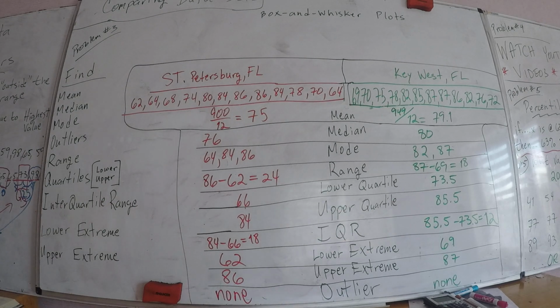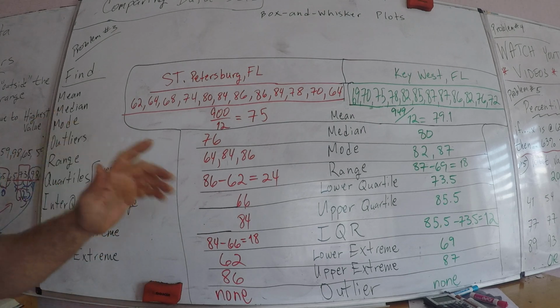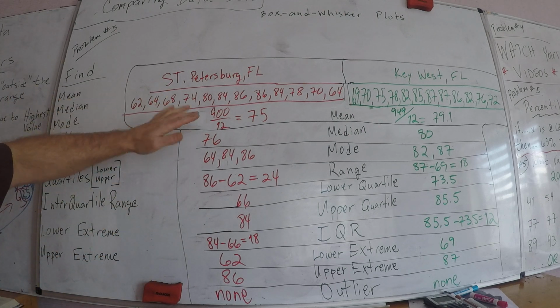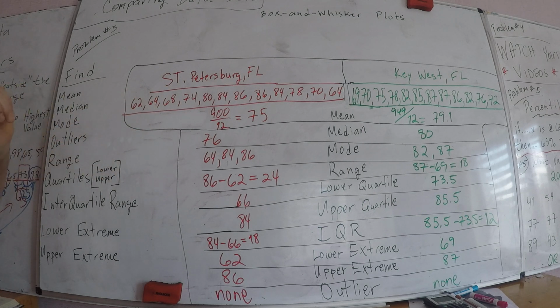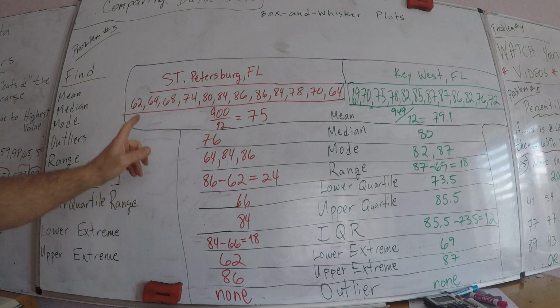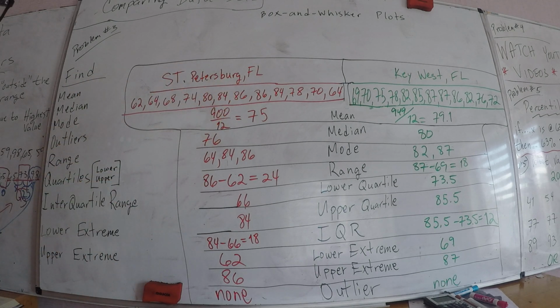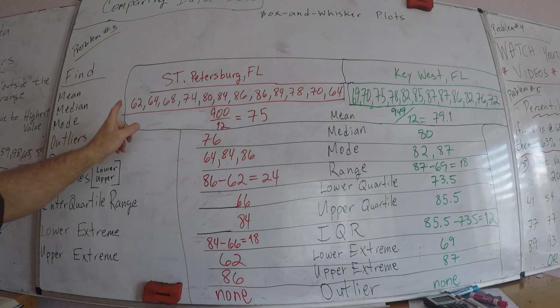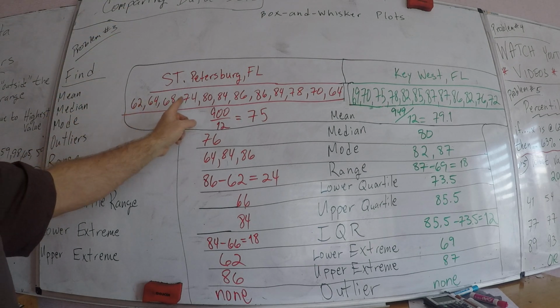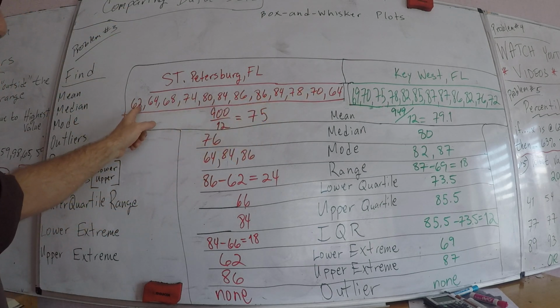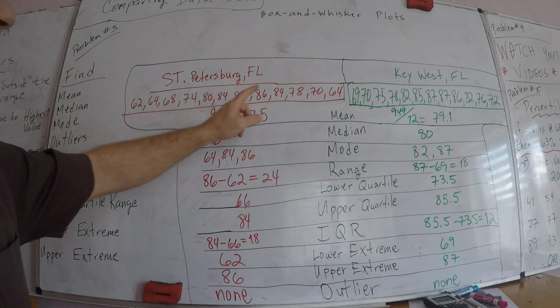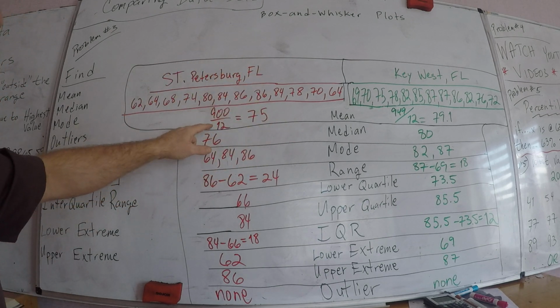So the first thing we're going to do, we needed to take this data and put it in order. Step 1, put it in order. I didn't do that. I skipped it. I told you to do that. You need to do that. I don't need to show you how to put numbers in order, from lowest to highest. I already showed you. So then I added all the numbers up, 62 plus 64 plus all the way up to the highest number.